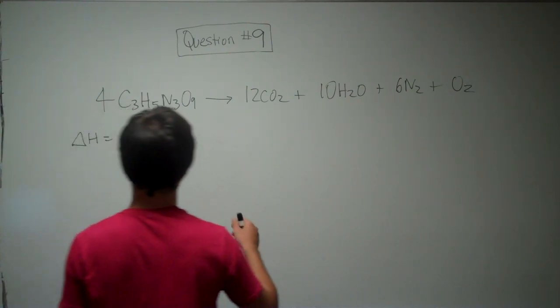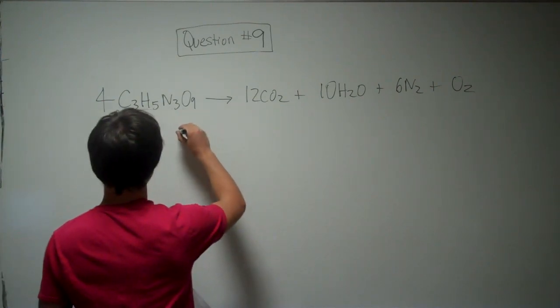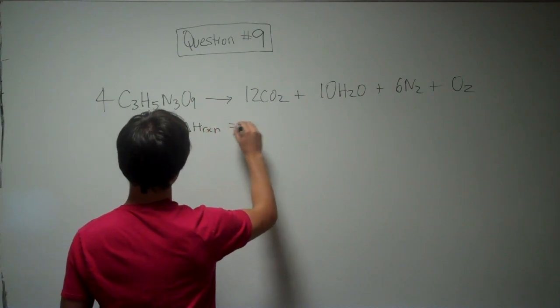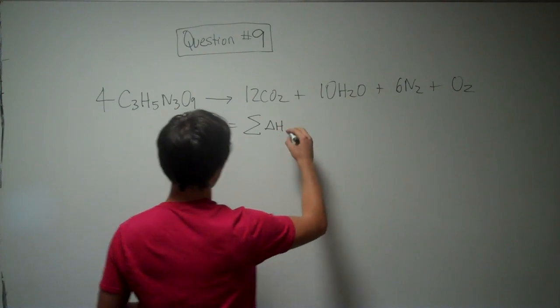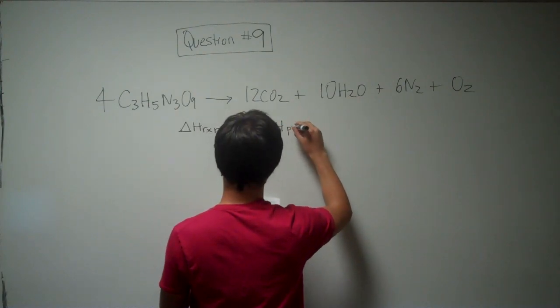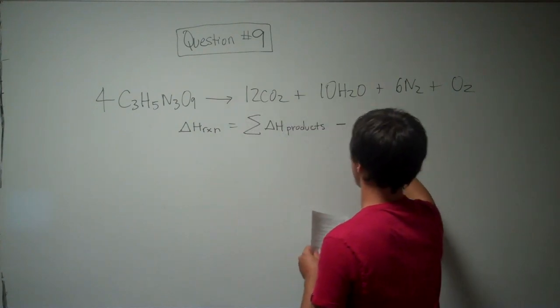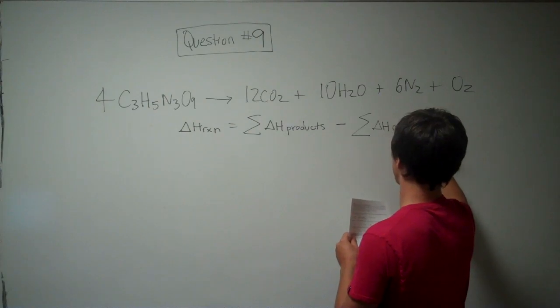So your basic formula for something like this is delta H of the reaction equals the sum of the delta H of the products minus the sum of the delta H of the reactants.